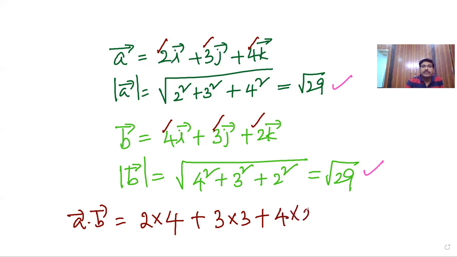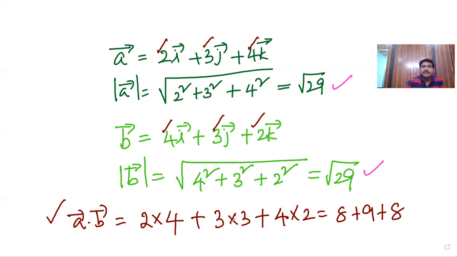So 2 into 4, 8, I bar dot I bar is 1. 3 into 3, 9, J bar dot J bar is 1. 4 into 2, 8, K bar dot K bar is 1.